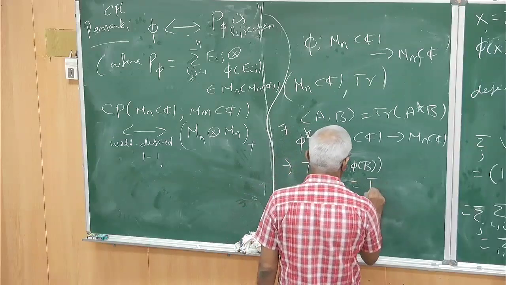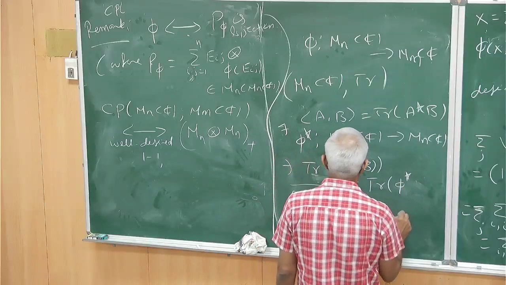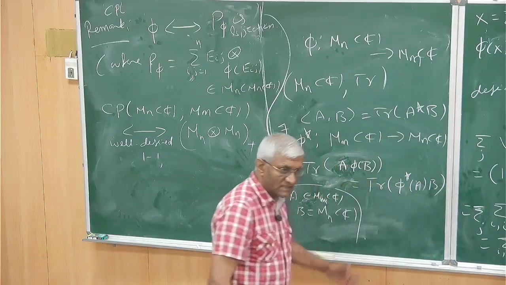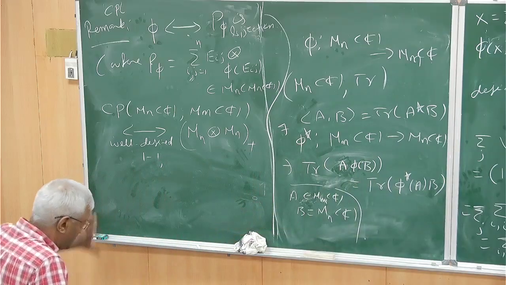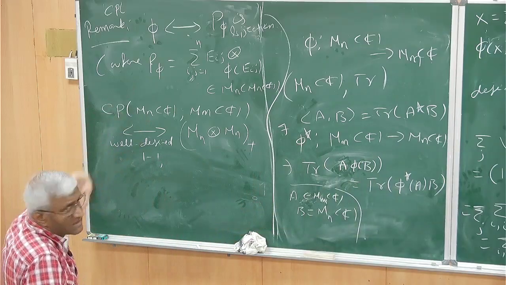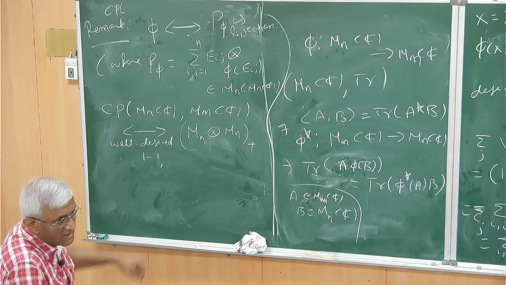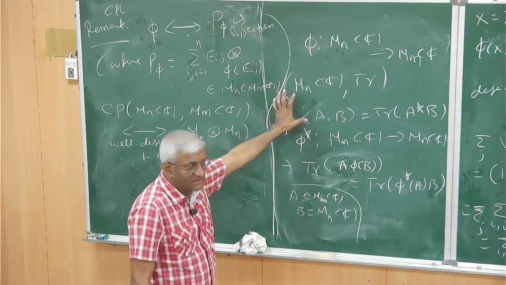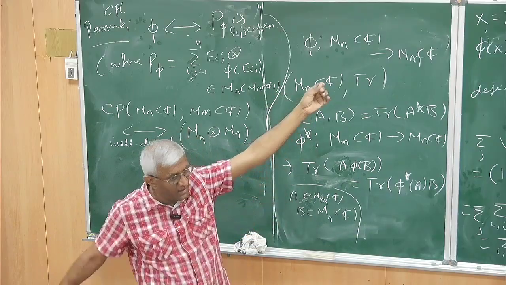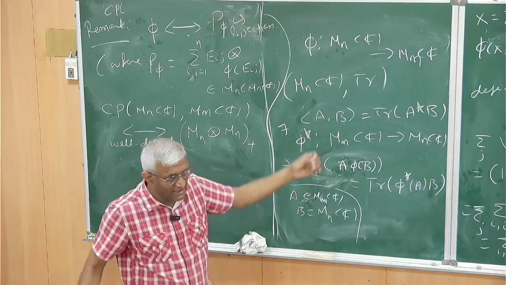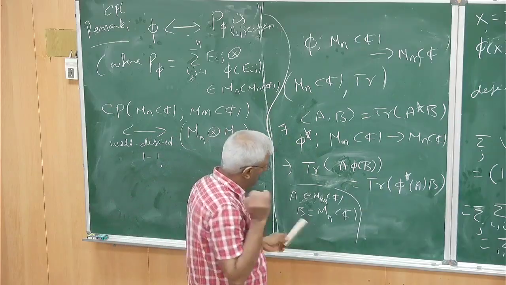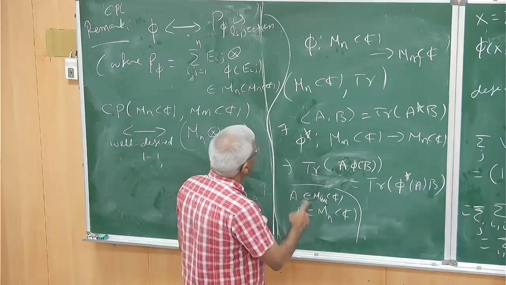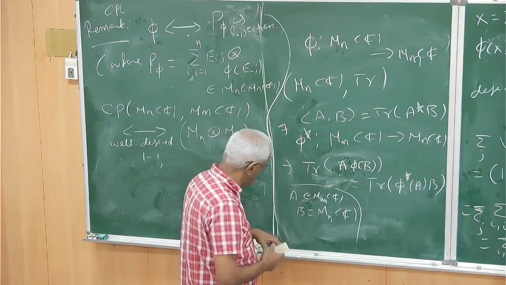This is equal to trace of phi star of A, B. It is just the same adjoint property. You just consider the matrices as a Hilbert space with respect to the trace inner product, which is the same as the Euclidean basis. You just write the n cross n matrix as an n square vector, and it is basically the same as the usual Euclidean inner product. So if you have a phi, you get a phi star, like this.